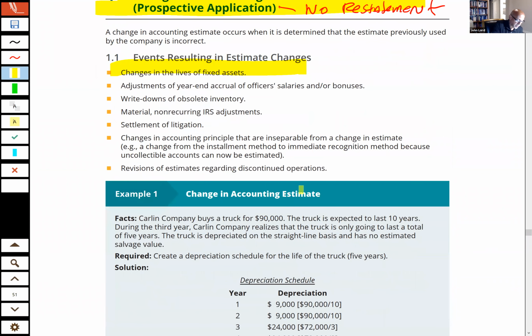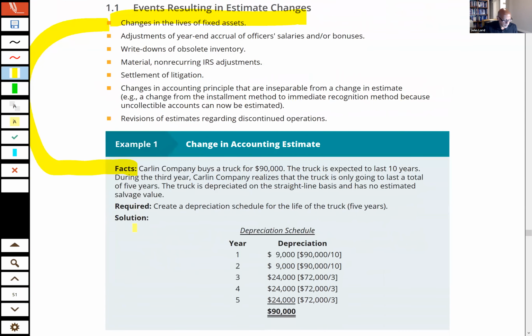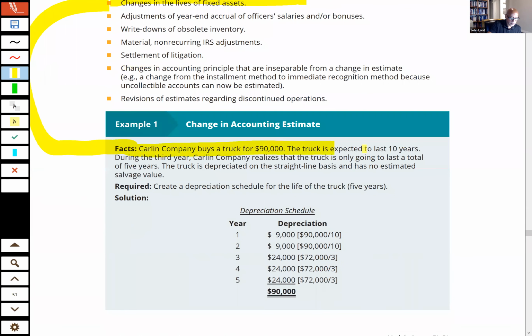So let's just go straight to this example. What happens? We buy this truck for $90,000. We think it's going to have a 10-year life. There's no salvage value. So when we calculate the depreciation for years 1 and 2, it's $9,000 for each of those years.